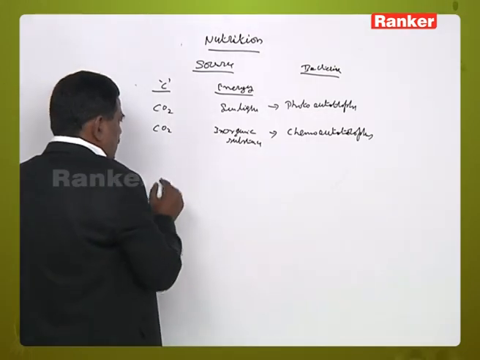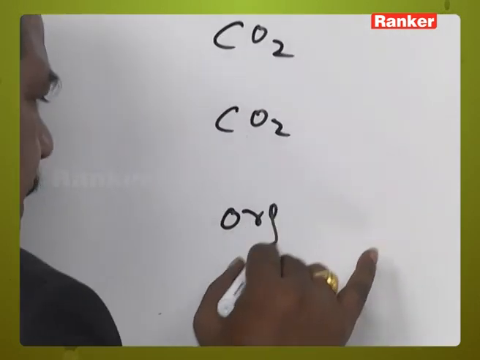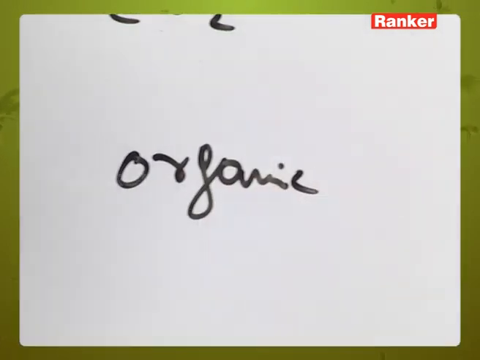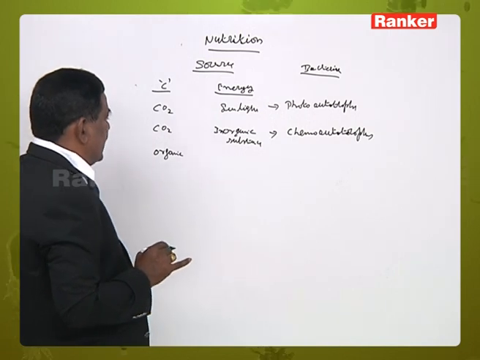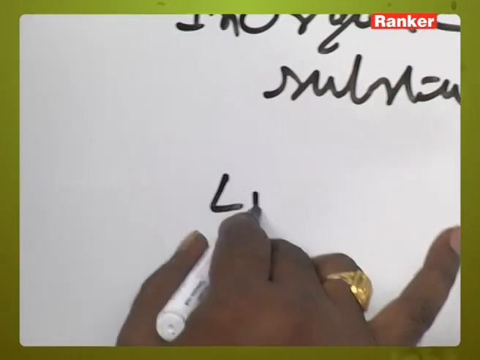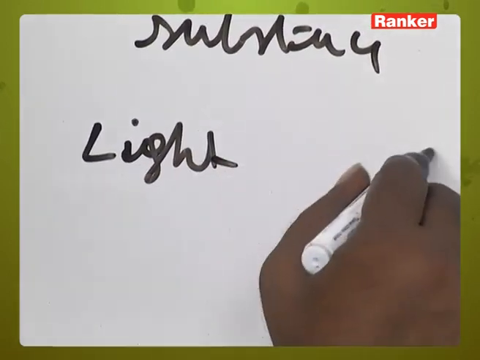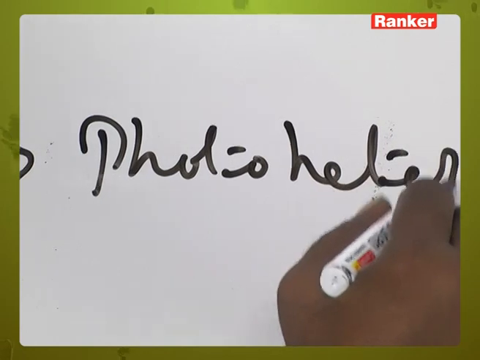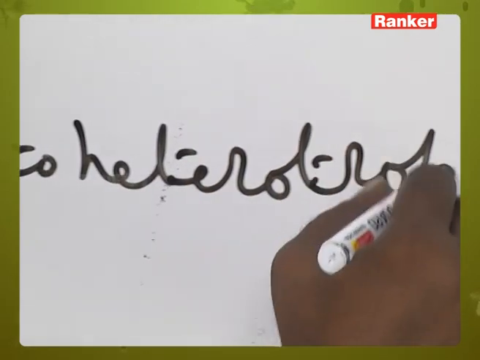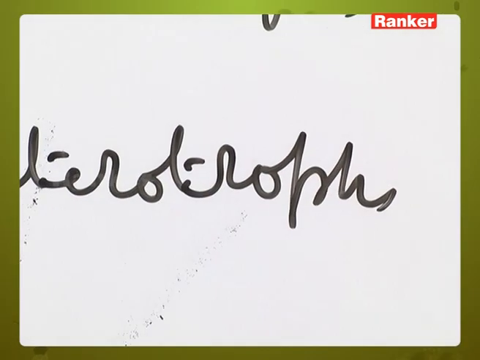Source of carbon, organic, and source of energy, light: heterotrophs.